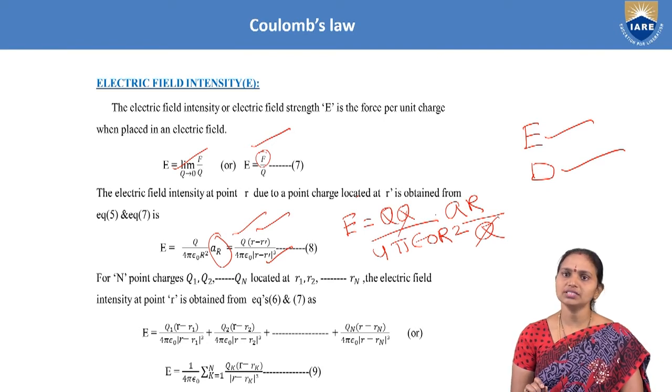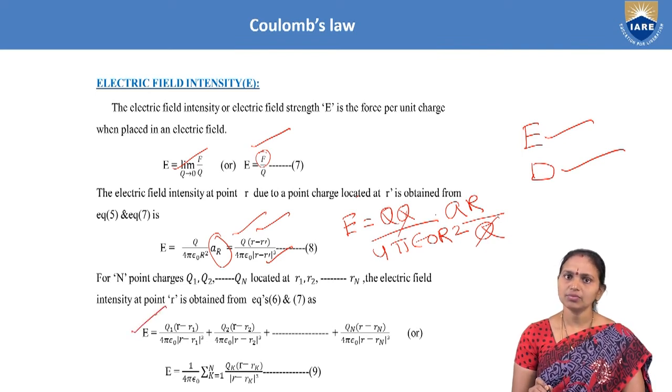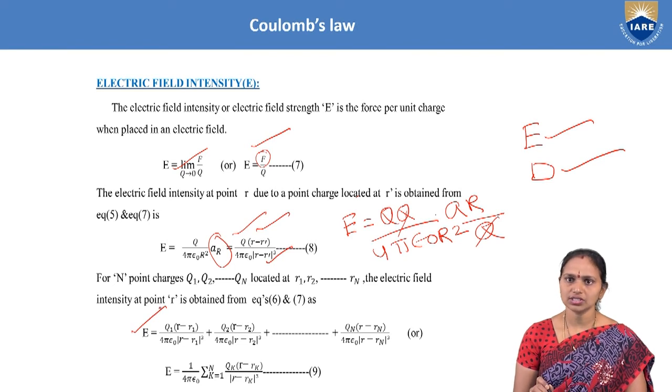If you have 2 point charges, one at R and one more at R dash, this is the equation for field intensity. If there are n point charges, Q1, Q2 up to Qn, then we have to calculate electric field intensity again by using the superposition principle, similar to the force calculation case.